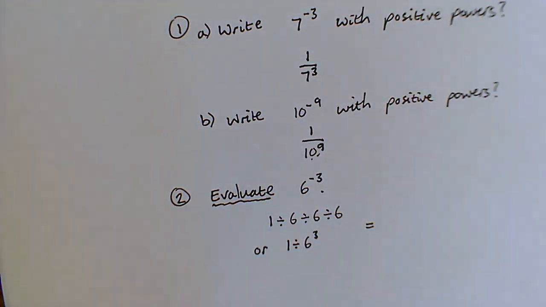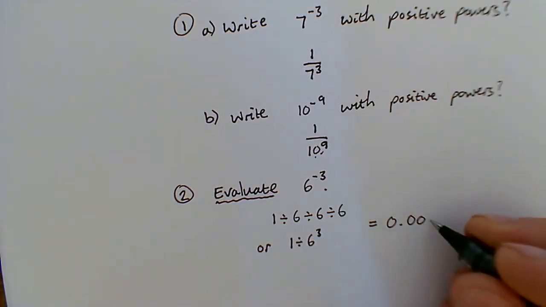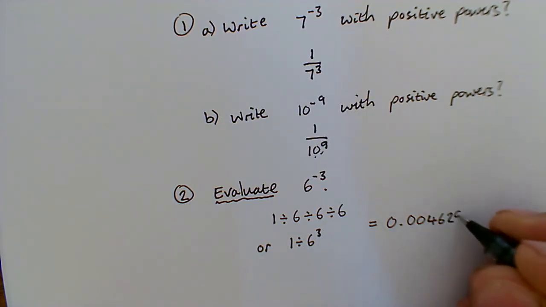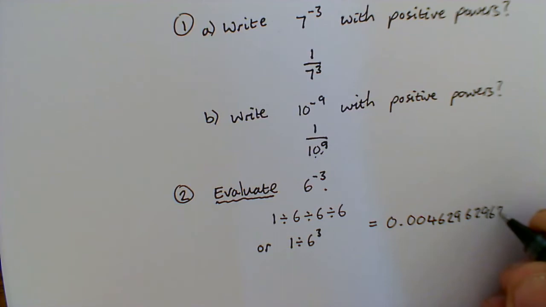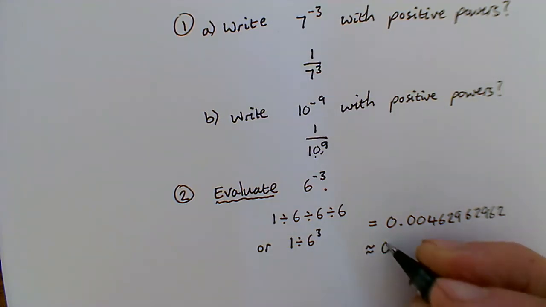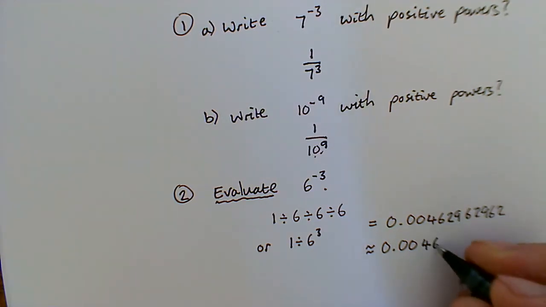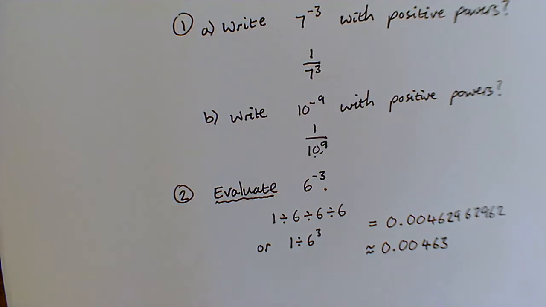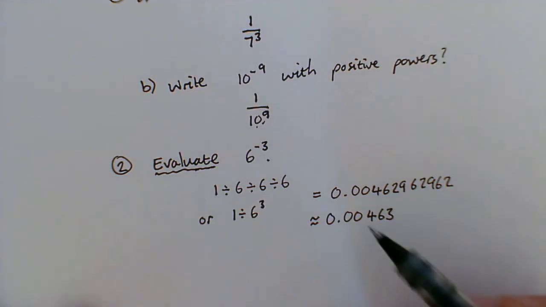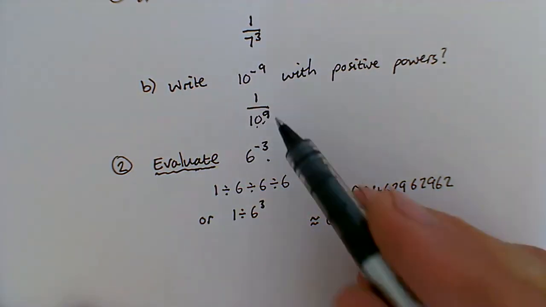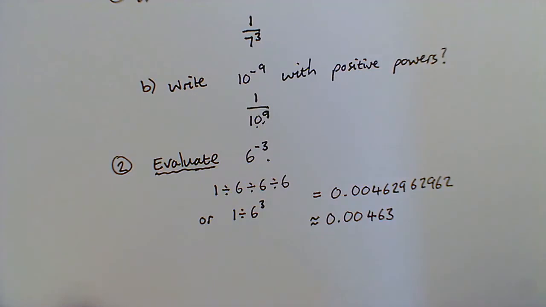Whichever one you put in your calculator, you will get 0.00462962. You'll want to round that somewhere. I'm going to round it to 3 significant figures, keeping the first 3 non-zero things, 4, 6, 3. So I'm rounding my answer, but I've evaluated, because I've actually worked out the value of it, the number of it. I've not just rewritten it like we did up here.